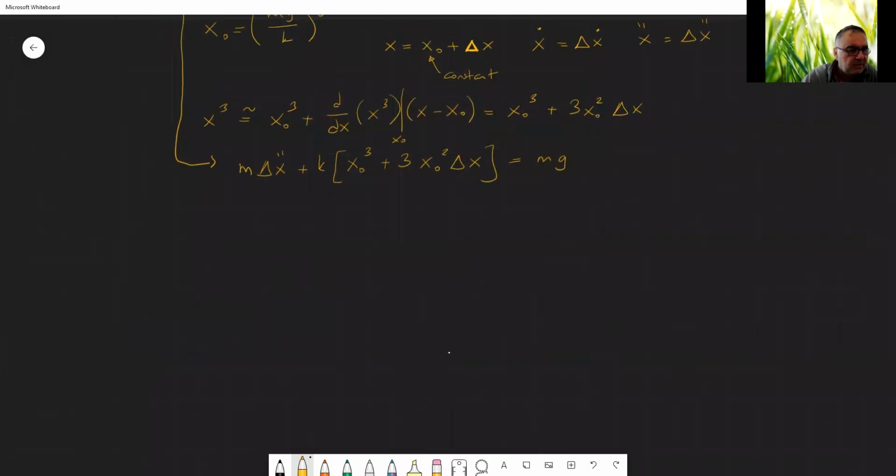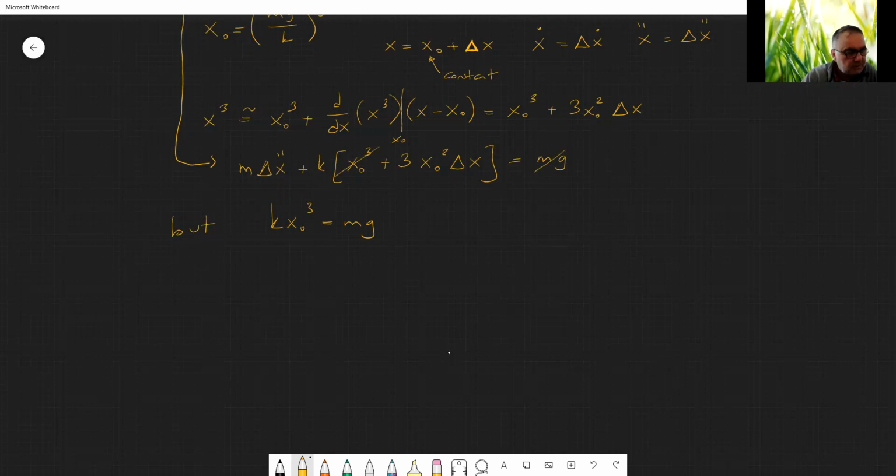Now we have k x0 cubed here and mg there. But we know that k x naught cubed is equal to mg because this is the definition of equilibrium. Okay? So this term and this term cancel.